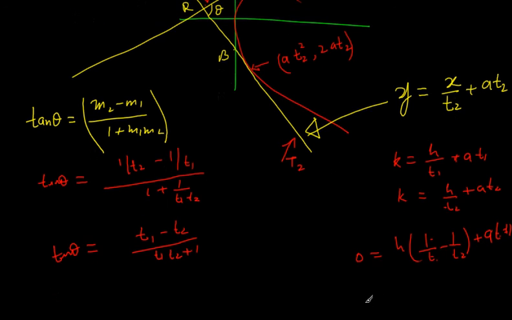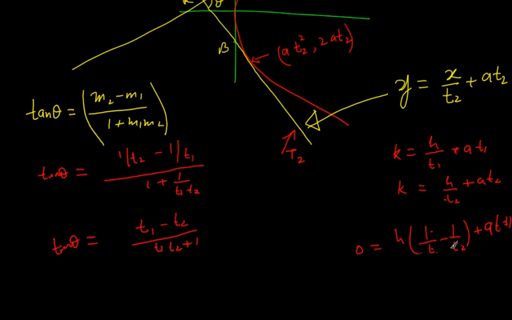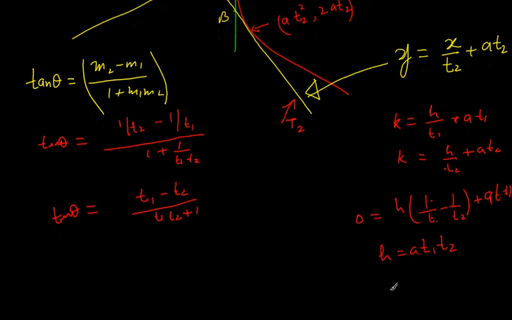Then you get h is equal to a t1 t2. Similarly, you can find the value of k: just put the h value over here and you will get a relationship.